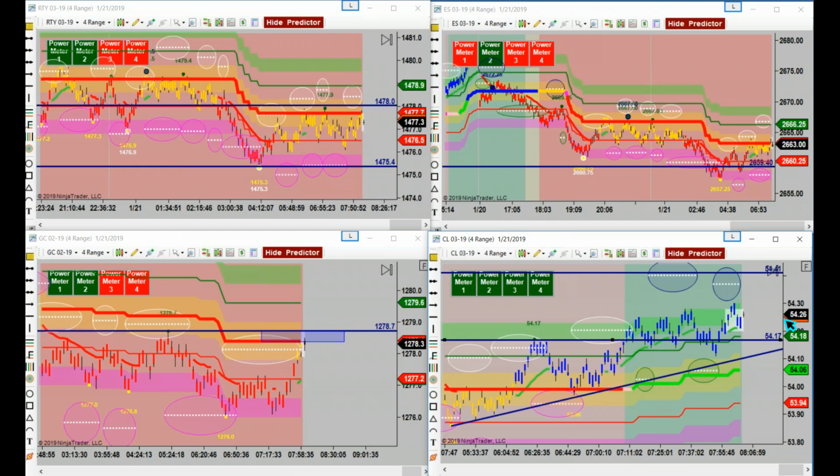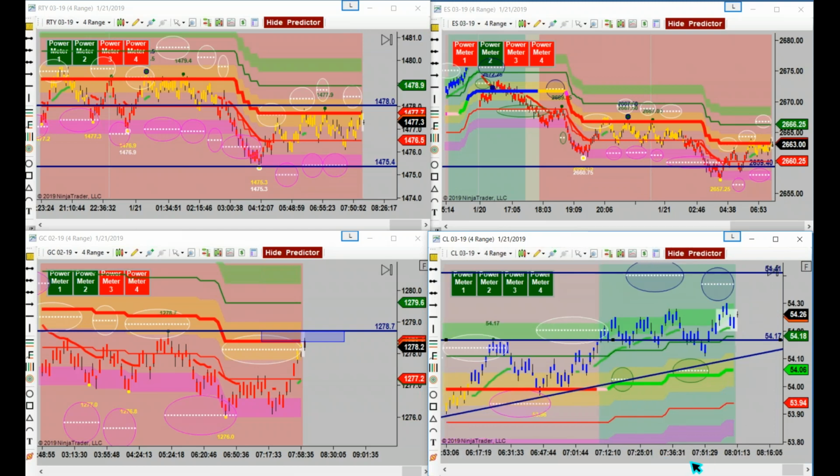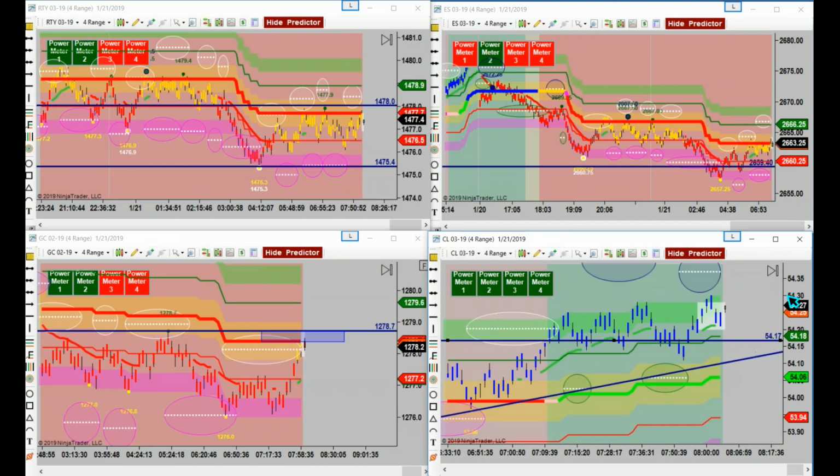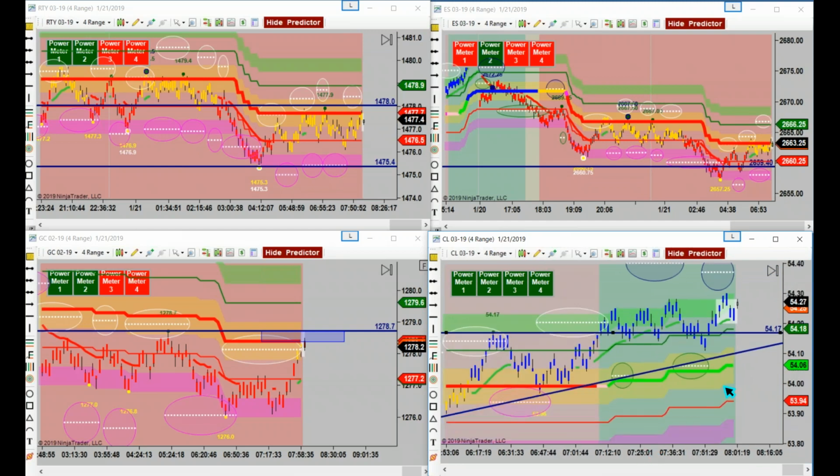Let's see, can you give a quick and dirty explanation on how the predictor is used, Ed? Well, Ed, basically, the predictor looks at these minor swings. It looks at several other things, though. It actually looks at price action, and when price action dictates it, it'll draw the predictor ahead of time to let you know. See, right now our predictors are heading up.